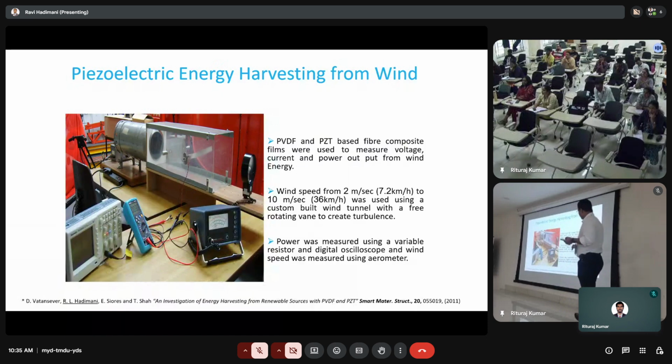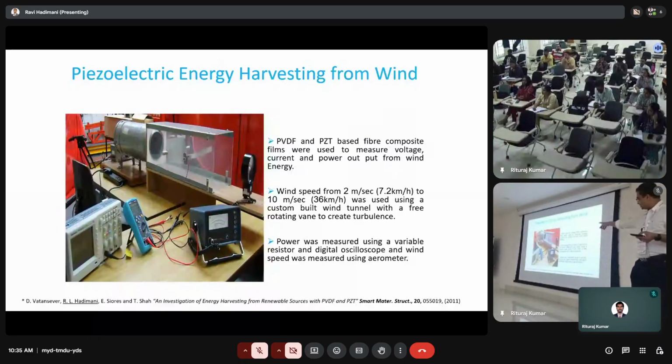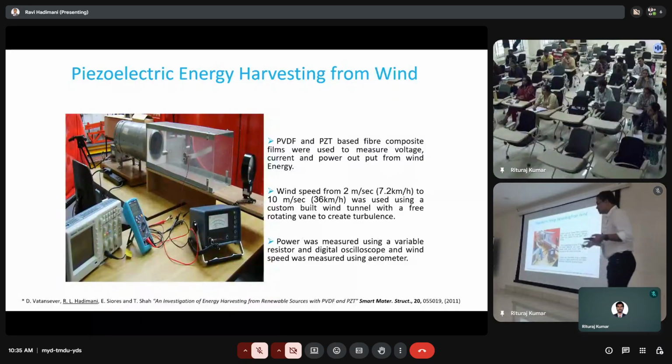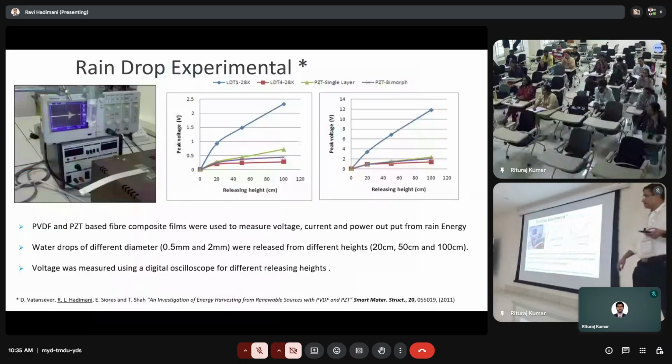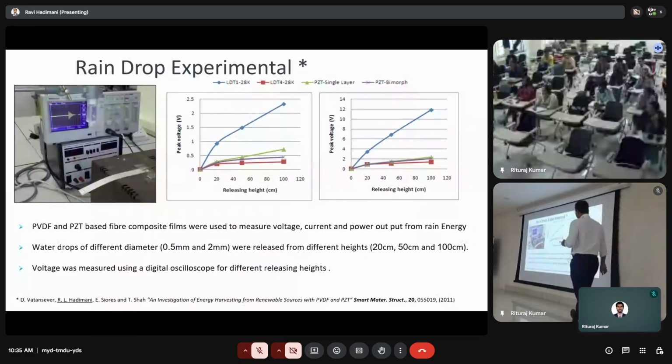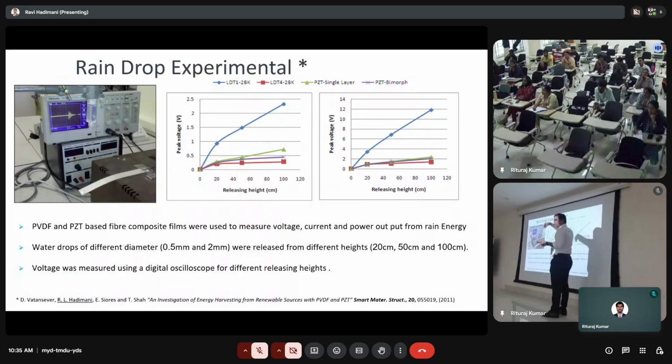A new PhD student joined, Derman from Turkey. Along with her, we set up simple comparative experiments wherein we took a PVDF film and put it in a wind tunnel, recorded the voltage, changed the wind speed, and quantified it for different speeds. Then we started simulating rain as well, with a syringe dropping water droplets on the PVDF.